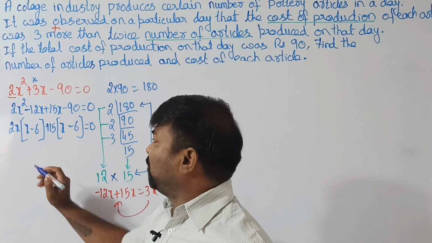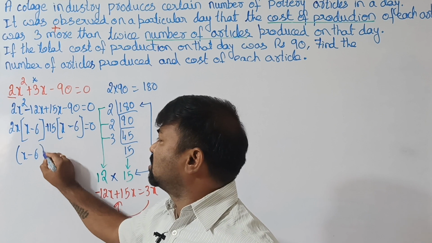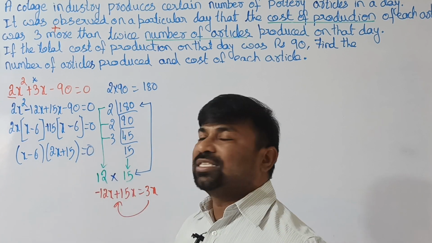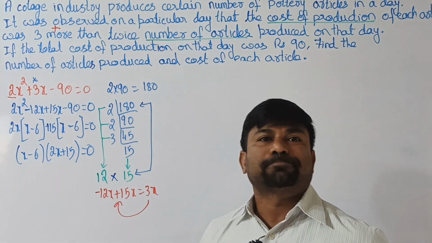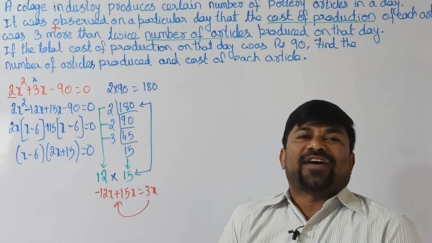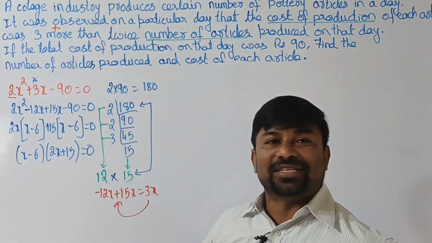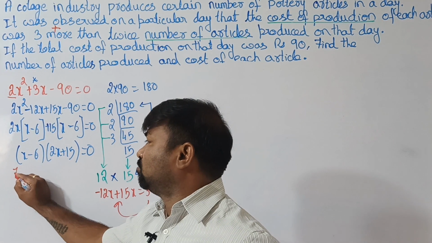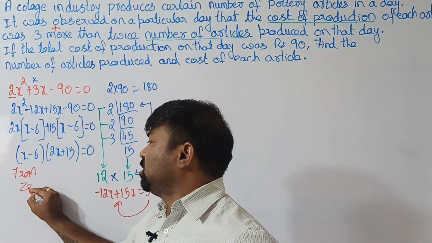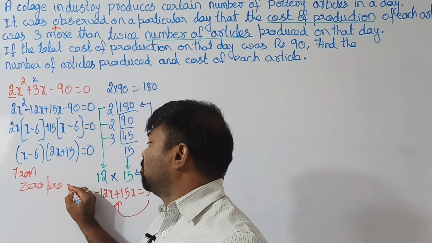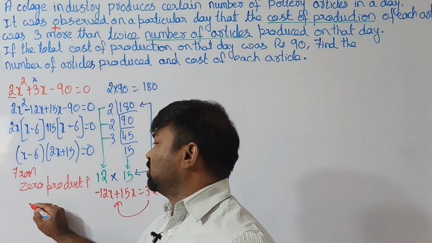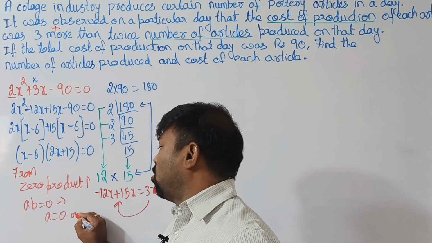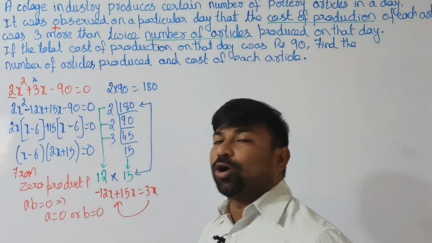Now, if I find the common factors, it's nothing but x minus 6 times 2x plus 15 equals 0. These are the two factors. This is the product form of factors of the quadratic equation. Now from here, let's apply the zero product property: AB equals 0 implies A equals 0 or B equals 0.